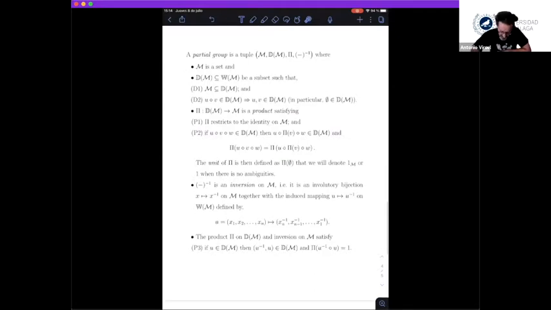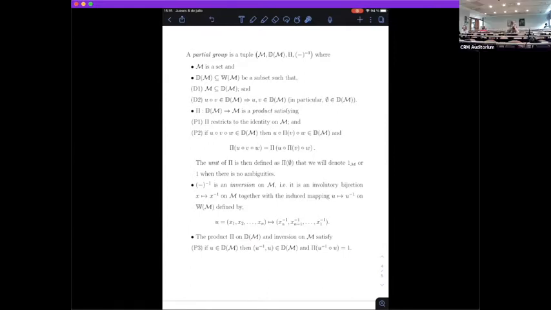And also there is an inversion, which is a map, an involution, on the set itself. It's not required to be a group morphism of anything, and essentially what you do is just invert things, right? And then the only thing is that the product on the elements you can multiply and the inversion behave the way you think, right? Whenever you multiply something by its inverse, you get one.